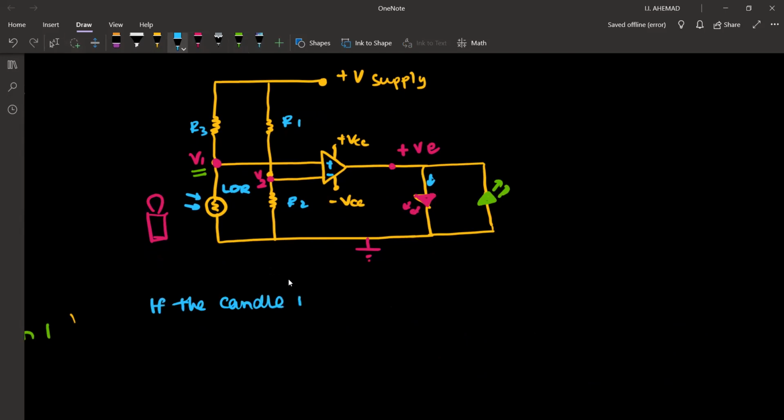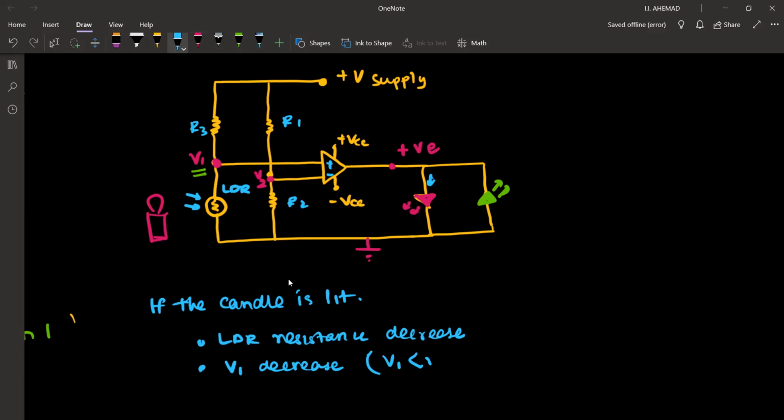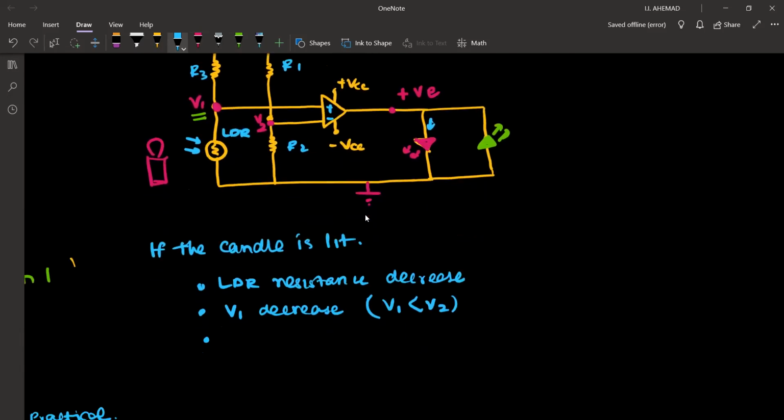If the candle is lit, LDR resistance decreases, V1 decreases. V1 is less than V2. Therefore, Vi is less than 0.